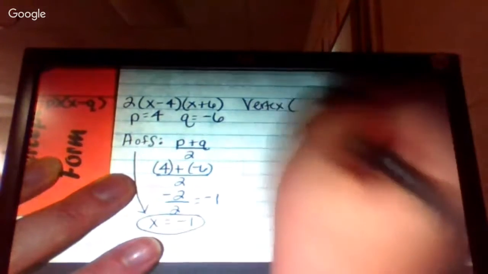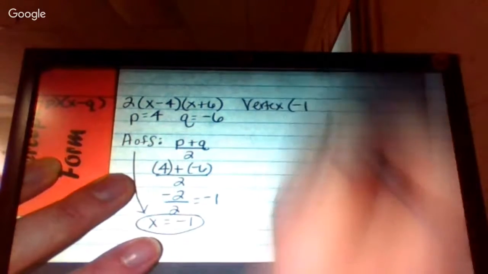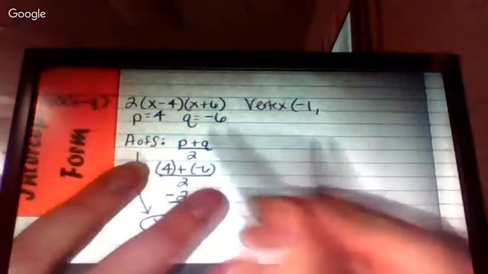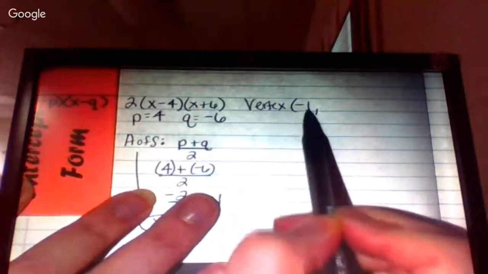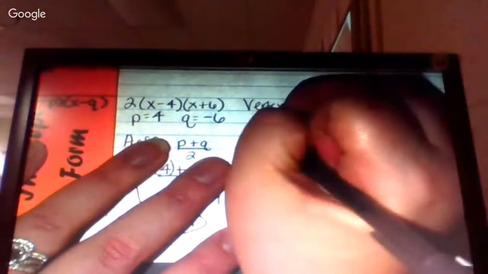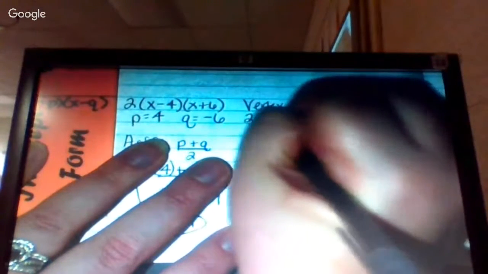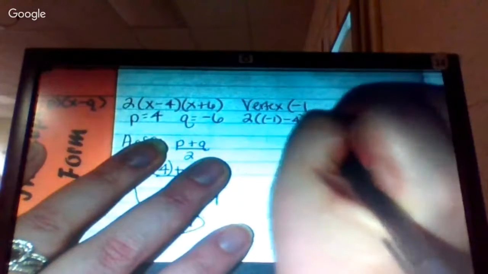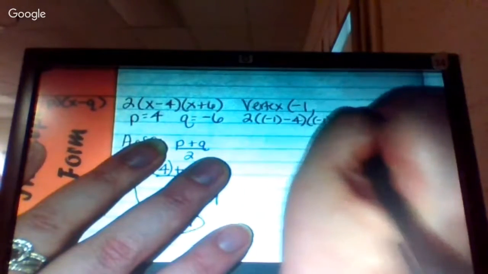To get your vertex then, the x value of my vertex is the number from my axis of symmetry. So I start with negative 1. To get my y value then, I replace my x's with this negative 1. So this is the end of the hard stuff, I promise. 2 times negative 1 minus 4 and negative 1 plus 6.